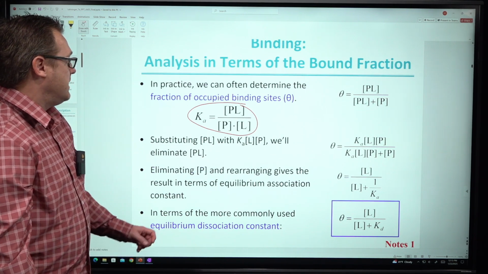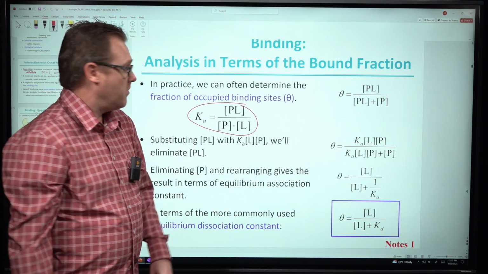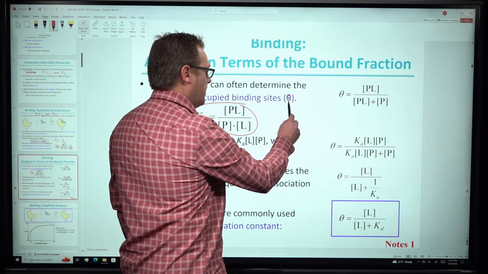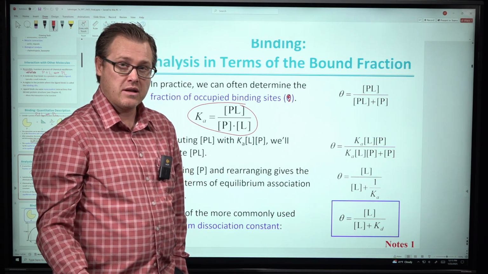The PowerPoints have a typo in them. This theta symbol right here, it's not a theta when you go to your textbook and read it.